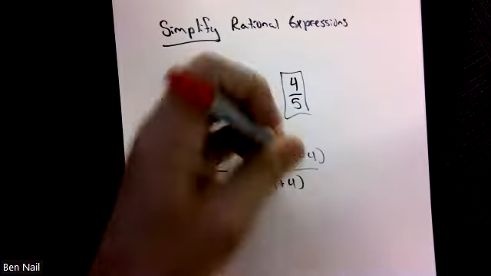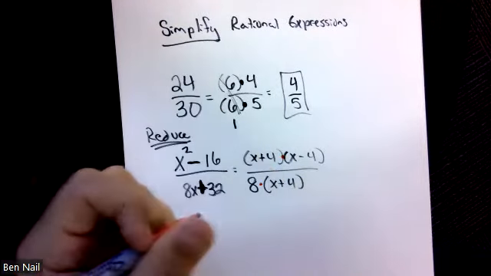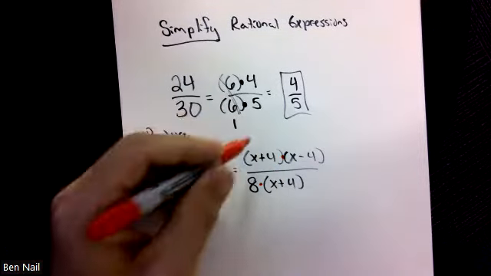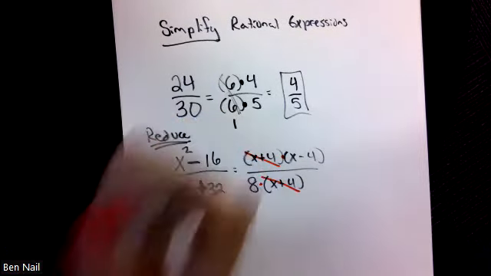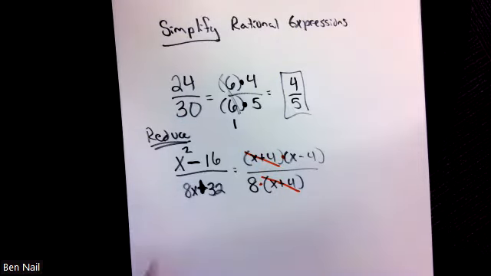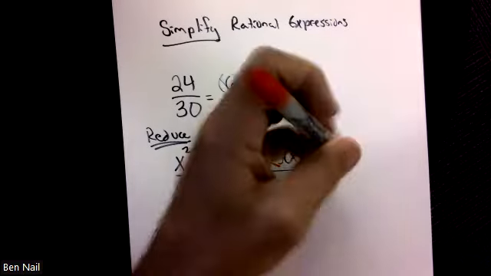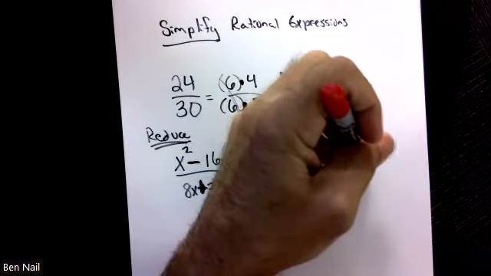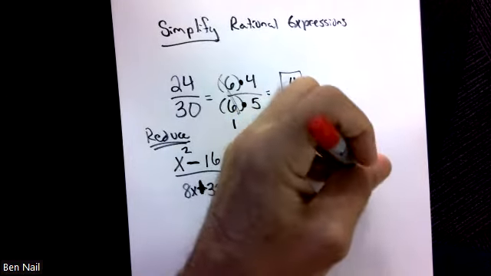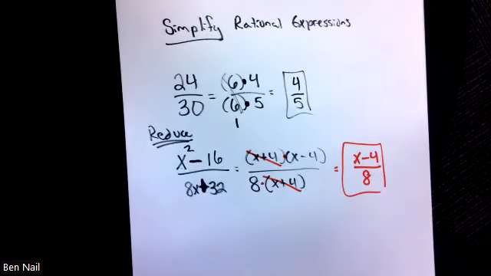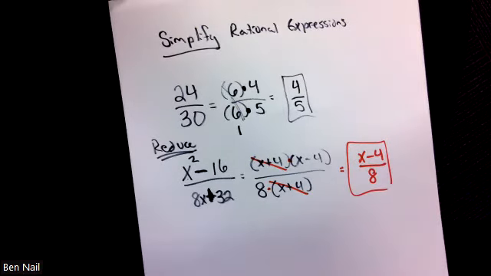And at this point we are multiplying, so we can look for a common factor. That x plus 4 and that x plus 4 are essentially common factors. They divide themselves out to equal 1. And then we're left with x minus 4 over 8. So that is the reduced form, or the simplified form, of the initial problem, x squared minus 16 over 8x plus 32.